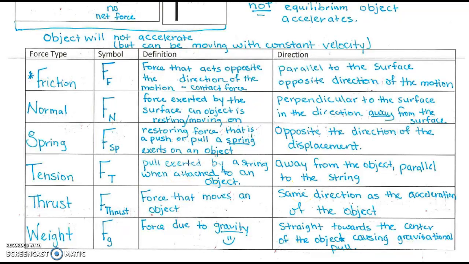Okay, or like if you're swinging a mass on the end of a string, the force within the string is considered the tension force, and it's away from the object, parallel to the string. We have the thrust force, force that causes the object to move, and it is the same direction as the acceleration of the object, not one we focus on a lot. And then we have our weight, which is our force of gravity, force due to gravity, straight towards the center of the object, causing gravitational pull.